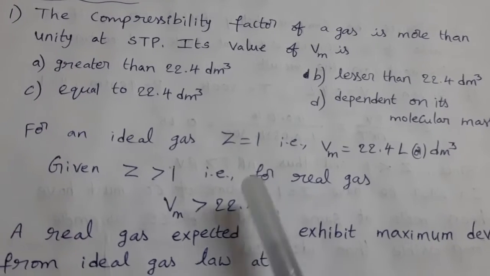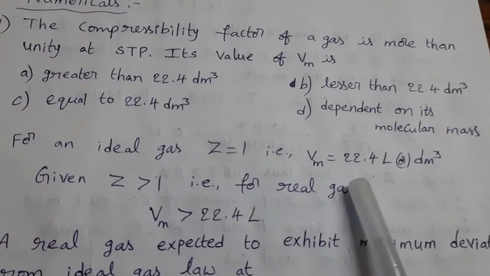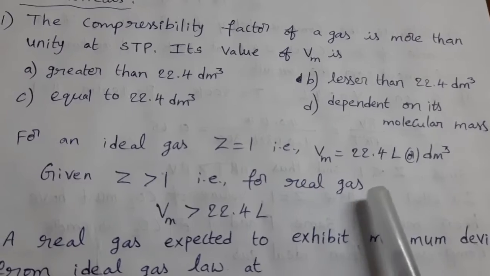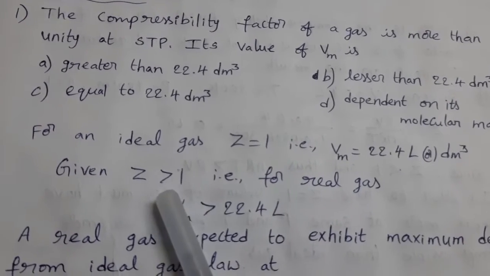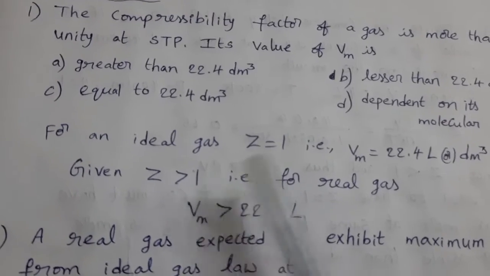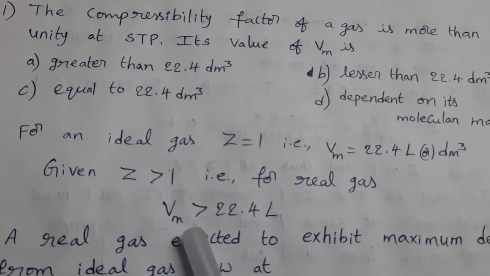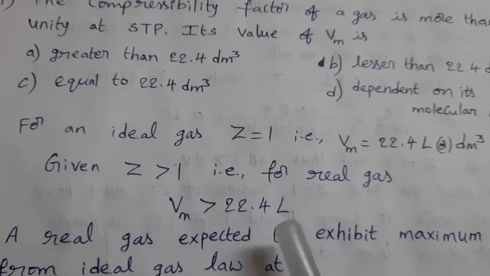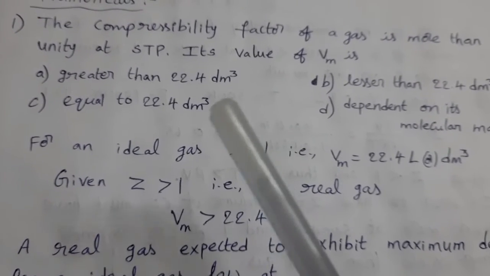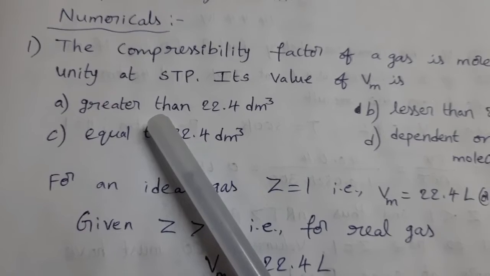We know the expression for Z. Z equal to PV by nRT. Volume is more than this value, then only Z value is greater than 1. So here Vm is greater than 22.4 liters or 22.4 decimeter cube. What is the option? Option A is the answer.